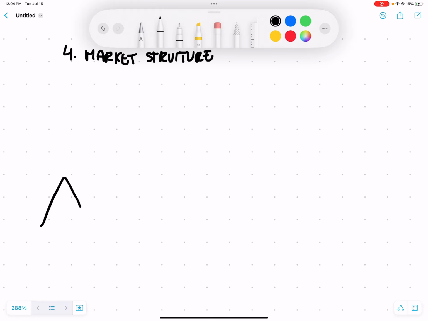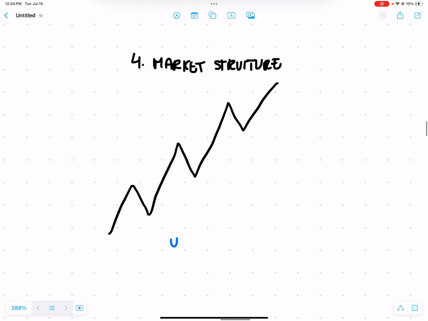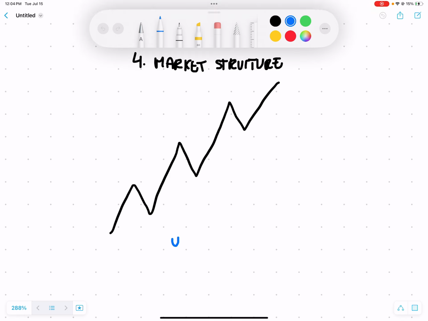So let's say the market is going like this. This would be called an uptrend.